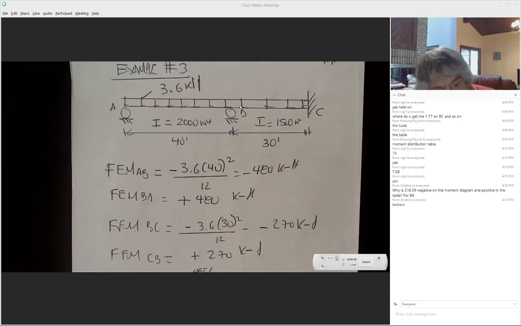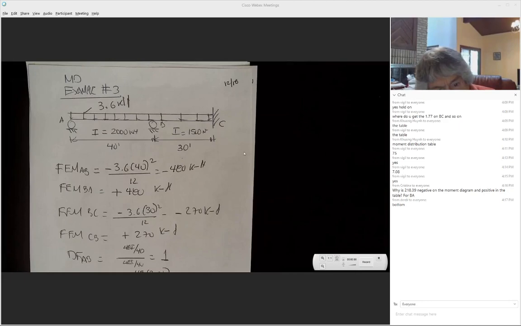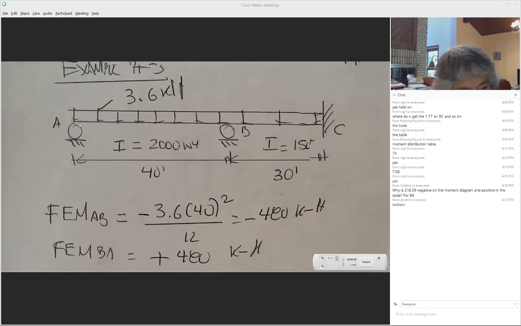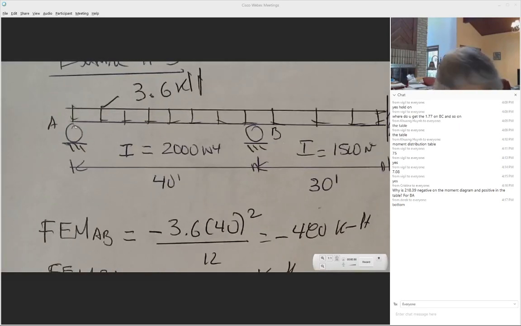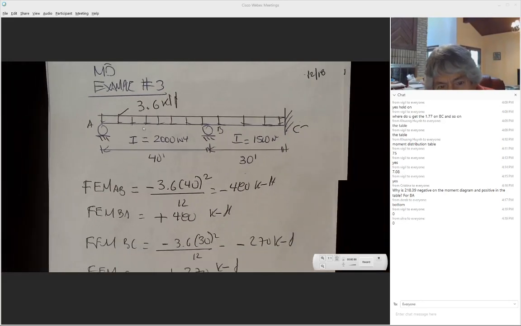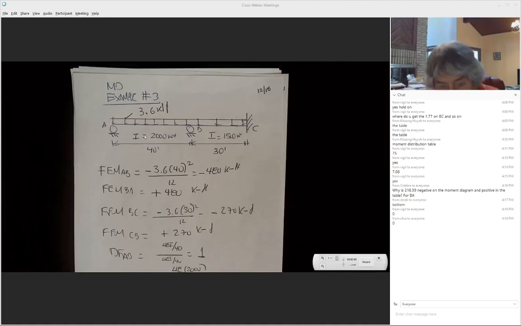Because look, no matter how many thousands of computations I made, no matter how small the computer or how huge the computer is, when we finish, what is going to be the moment at A? What is the magnitude of the moment here when I'm done with all my computation? High tech, low tech, zero. So what we want to do is, this is zero, we're going to modify the stiffness.